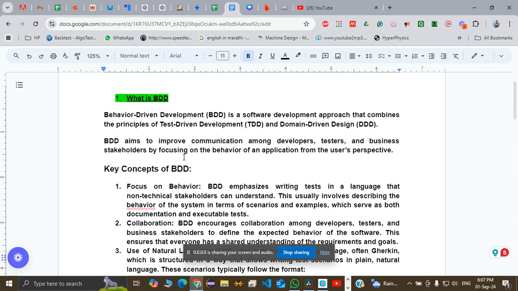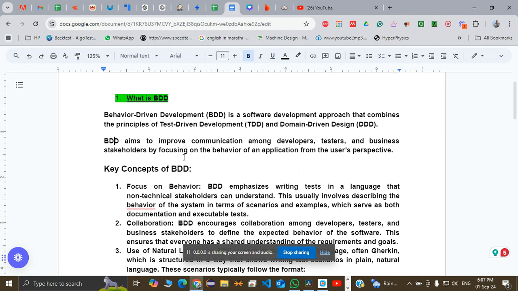In the domain of the BDD approach, developers can easily understand how to develop a certain functionality. Stakeholders can easily understand what the functionality is and what needs to be modified if needed.